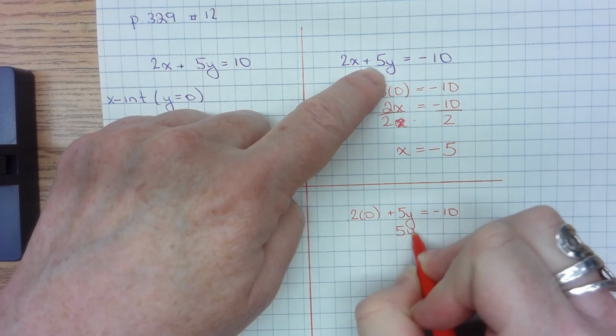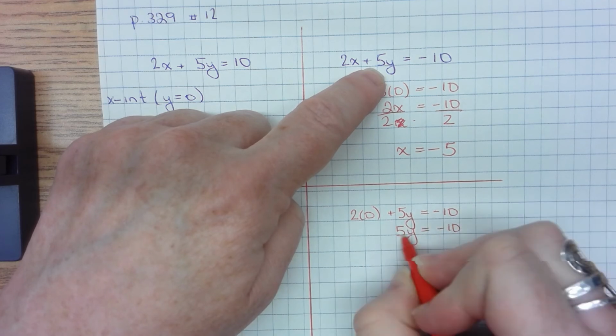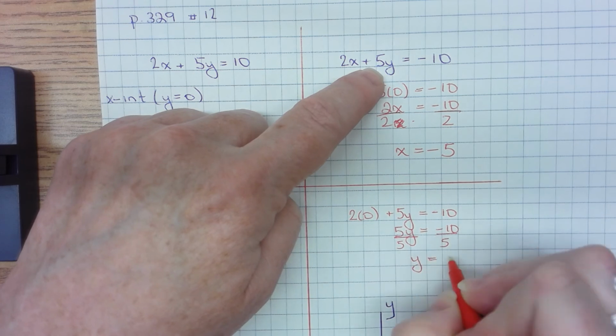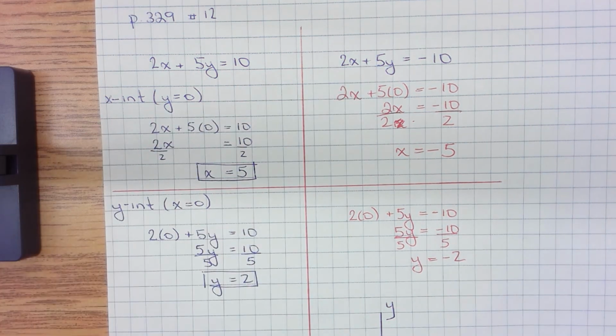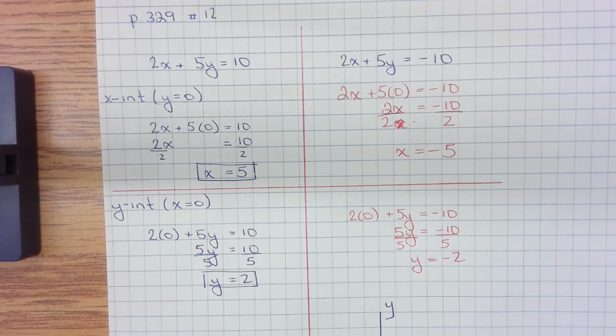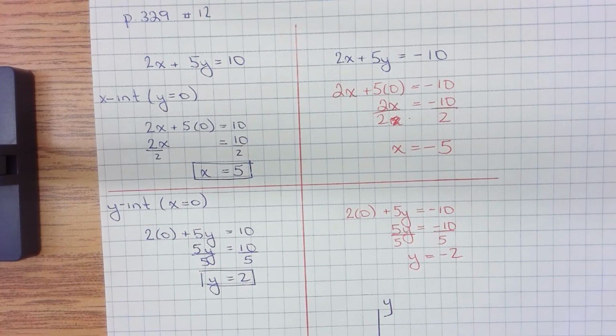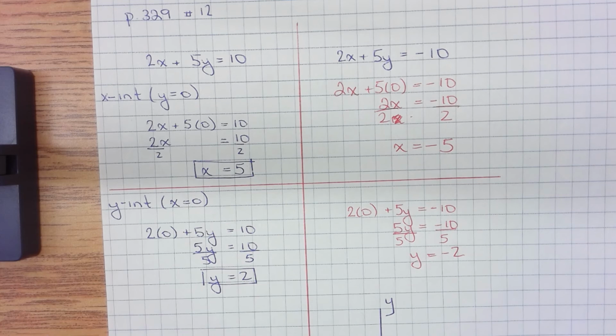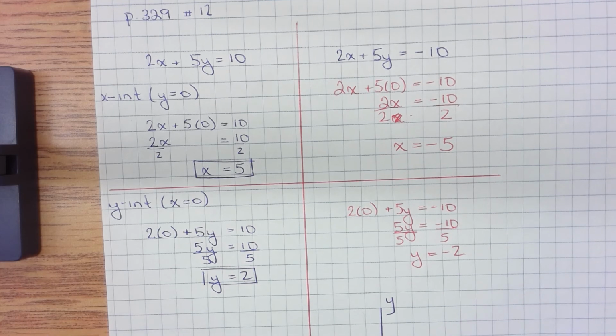So 5y equals negative 10. I divide both sides by 5, and so y equals negative 2. I can go down here knowing that on my grid, it's always negatives, positives, negatives, positives. So y equals negative 2, so I'm going to put my dot here. And I can connect these ones.